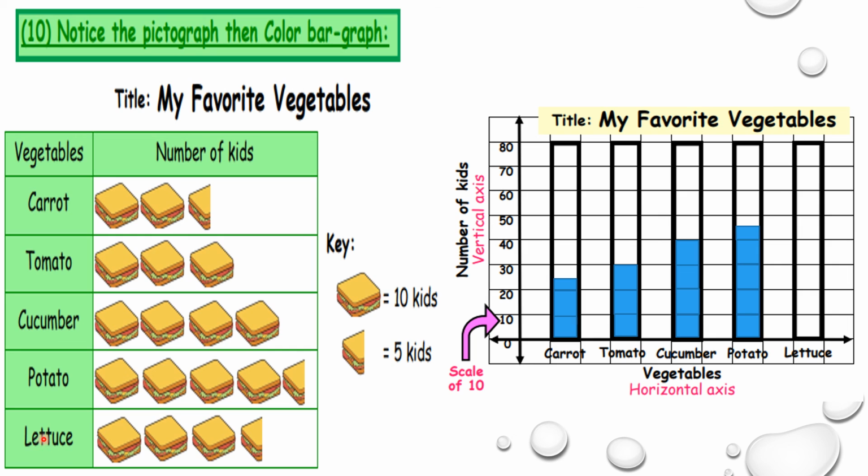And look here, how many students like lotus? There are 10, 20, 30, and a half sandwich, so it's 5, so it's 35. So I color here to reach number 35, which I know is between 30 and 40, so I will color half of the bar.